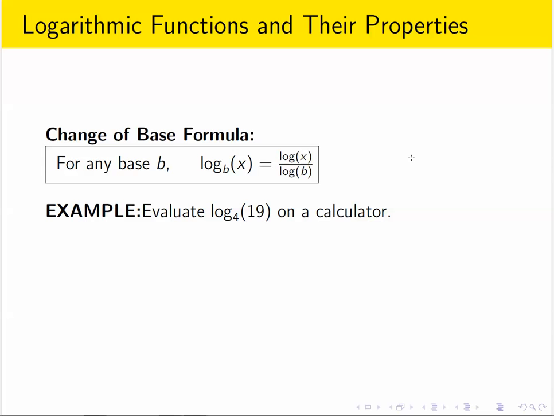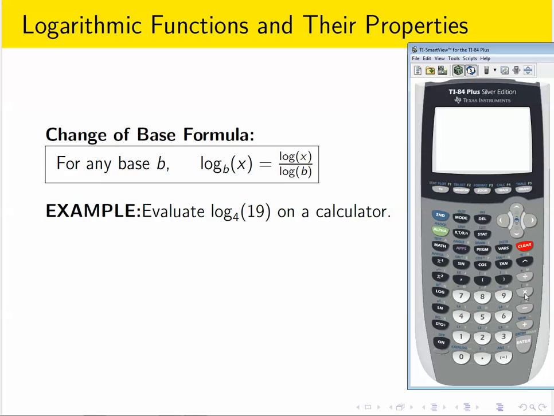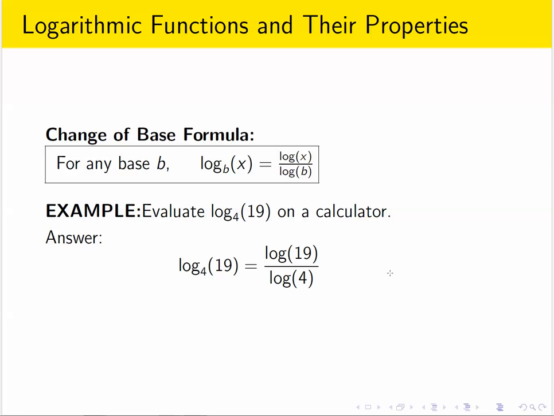So for example, if I want log base 4 of 19, go into a calculator, I can type log of 19 and divide that by log of 4, giving me approximately 2.12, which is the right answer.